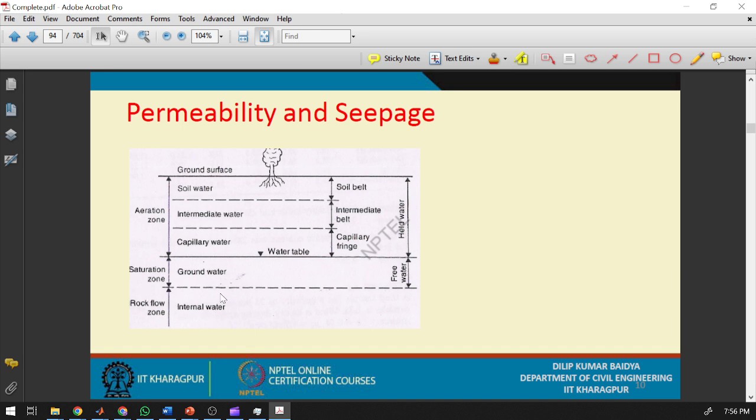Groundwater, yeah. See, free water. What they are saying is that free water, because this water is free to flow. It is free to cause this groundwater. If you dug a tube well, it is free to move out.